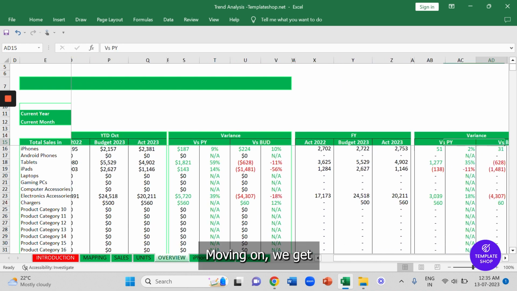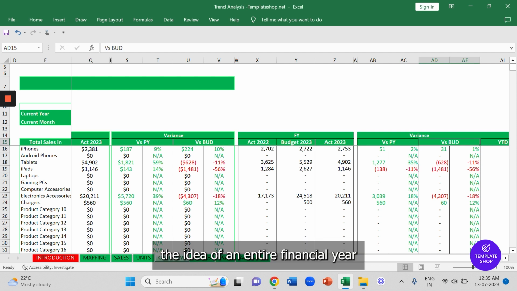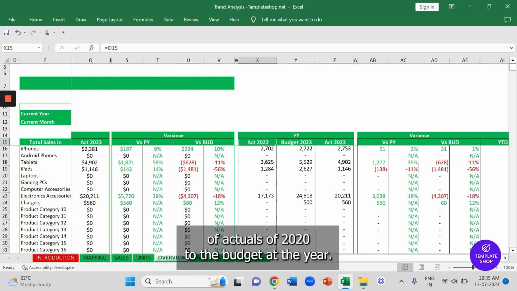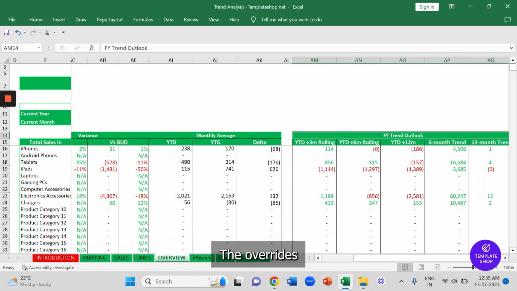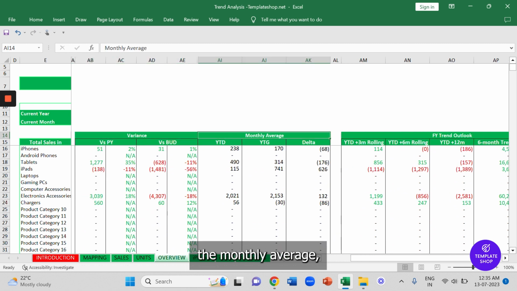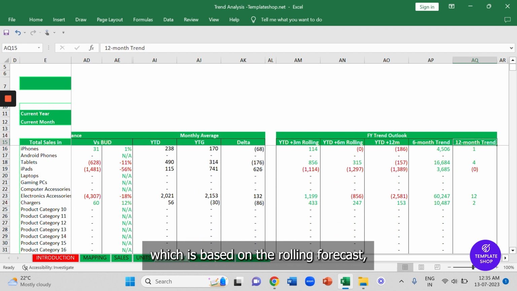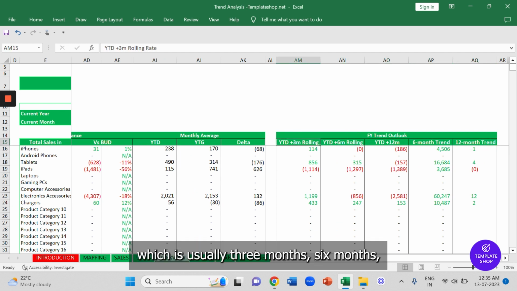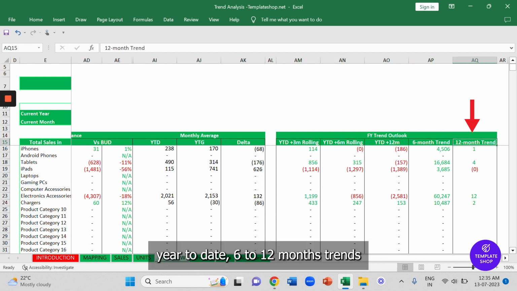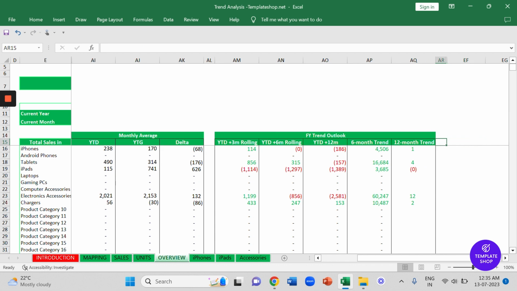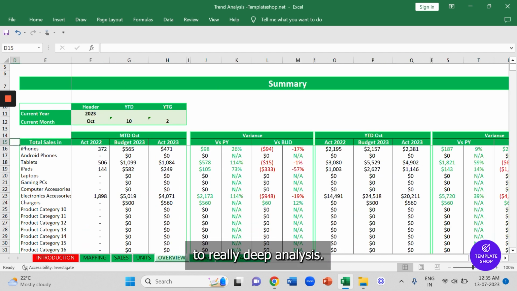Moving on, we get the idea of an entire financial year of actuals of 2022, the budget and the year, the variance, the monthly average, the financial trend outlook, which is based on the rolling forecast, which is year to date, 3 months, 6 months, year to date, 6 and 12 months trends. It's a very deep analysis.